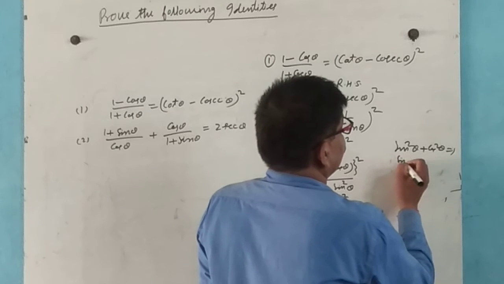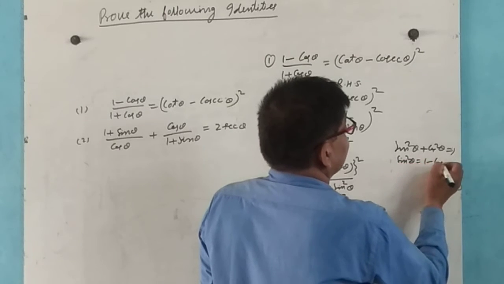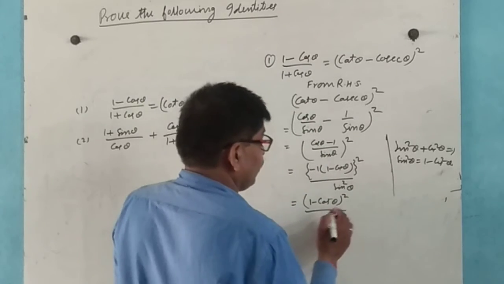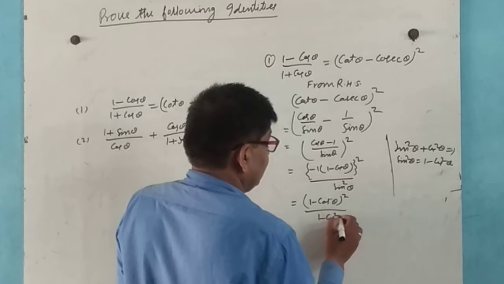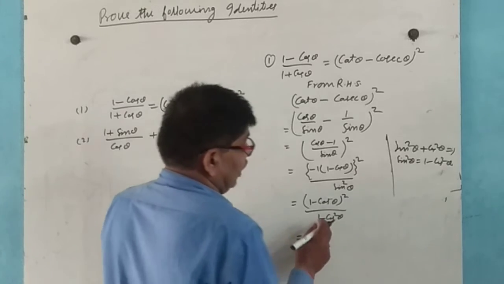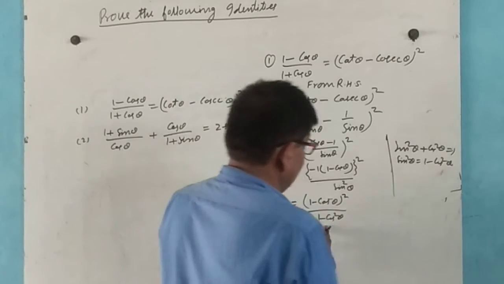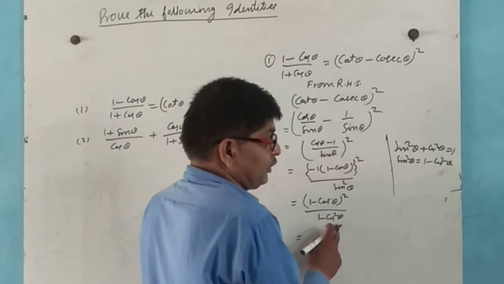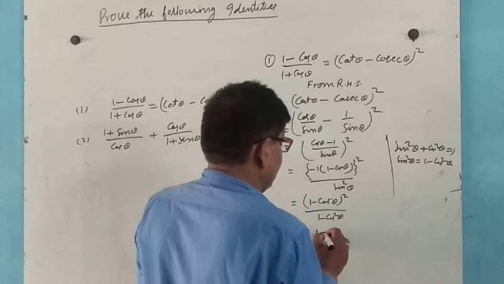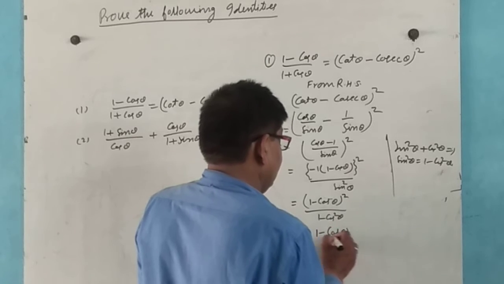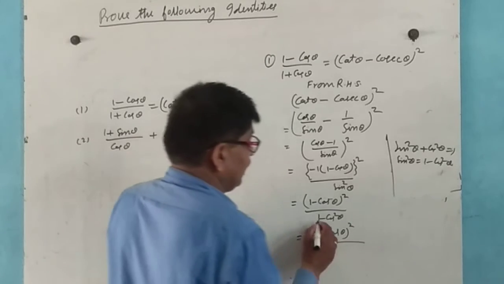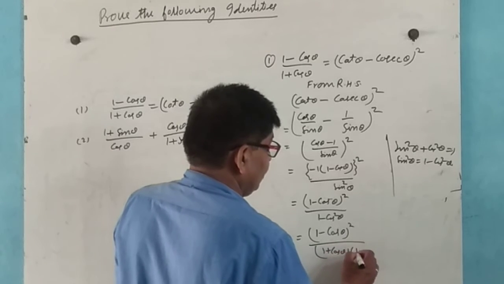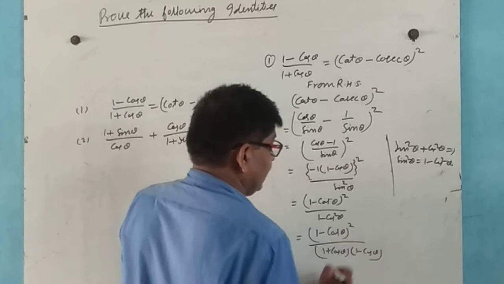It means that sin square theta equals 1 minus cos square theta. This converts sin square theta into 1 minus cos square theta, and now this is also converted using a square minus b square, (a plus b)(a minus b), so that (1 minus cos theta) to the power 2 divided by (1 plus cos theta)(1 minus cos theta).